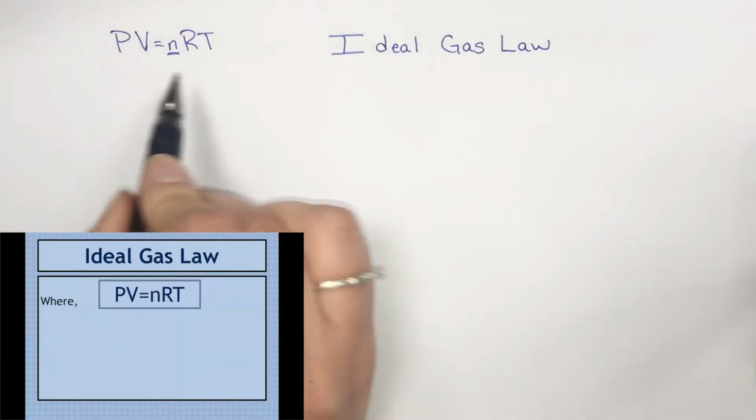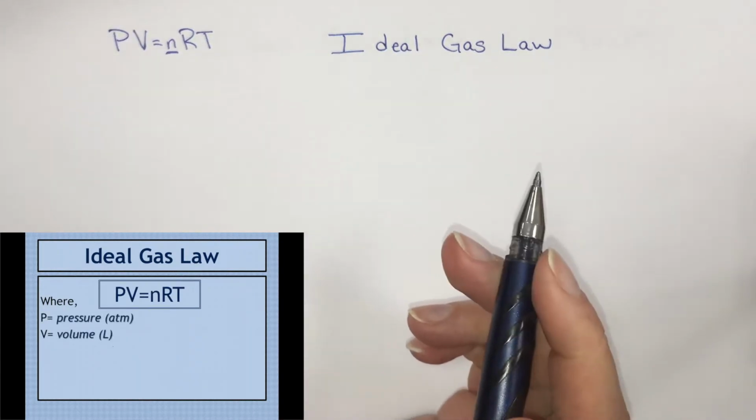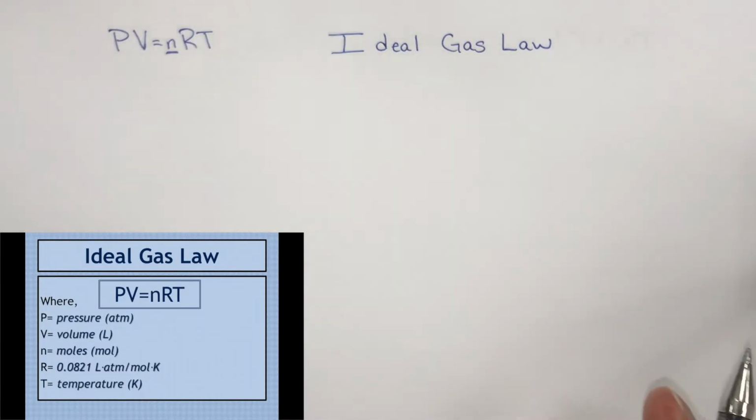So here's the equation. I have written it here already, but you do have to use these exact units. You have to have your pressure in atmospheres, you have to have volume in liters, you have to have moles, and this R is just a constant, so don't worry, that's not going to change.